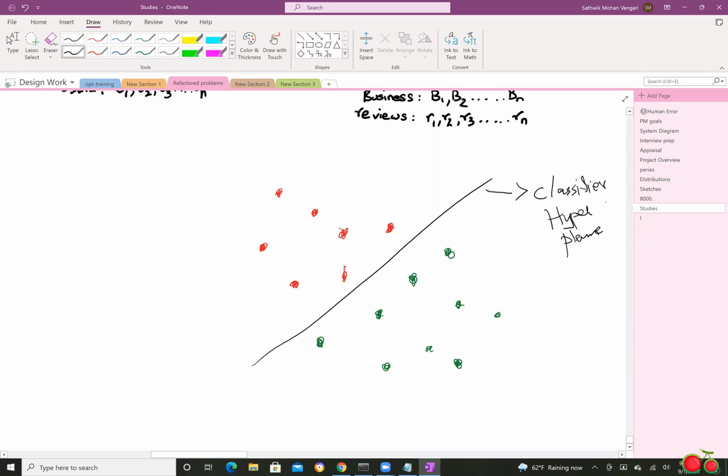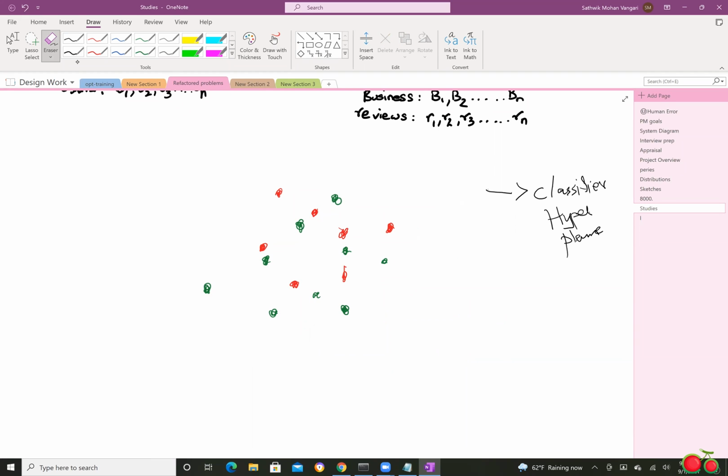Hyperplane. But what happens if my data doesn't look like this, but instead like this? What happens when my data looks like this? How am I going to draw my black line?